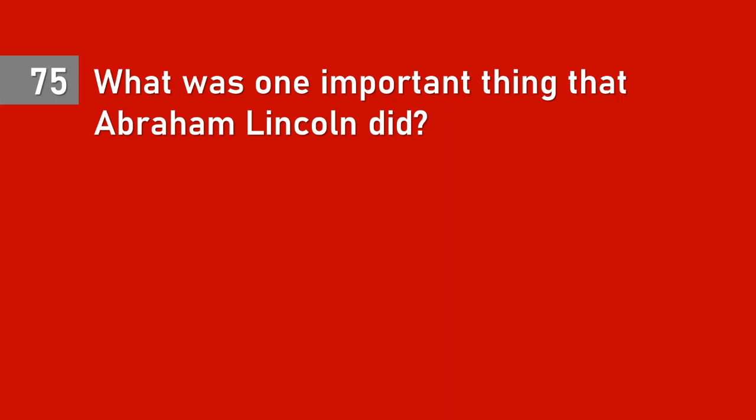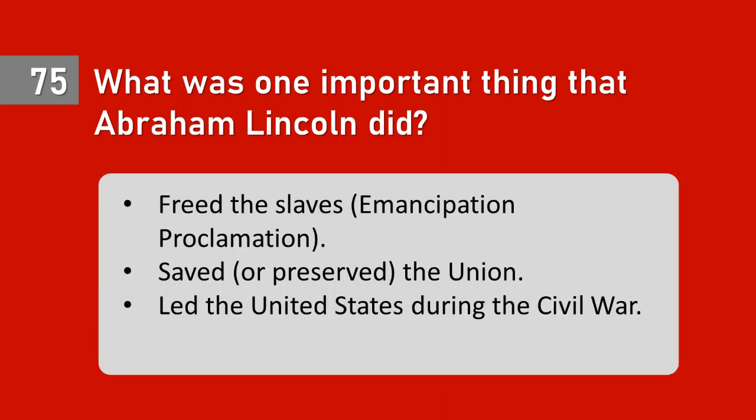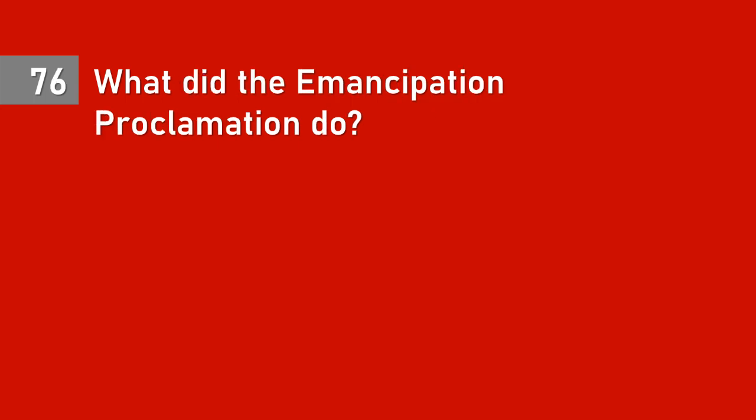Question 75. What was one important thing that Abraham Lincoln did? Freed the slaves, Emancipation Proclamation, saved or preserved the Union, led the United States during the Civil War. Question 76. What did the Emancipation Proclamation do?